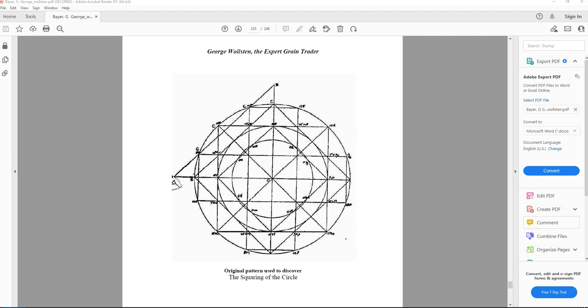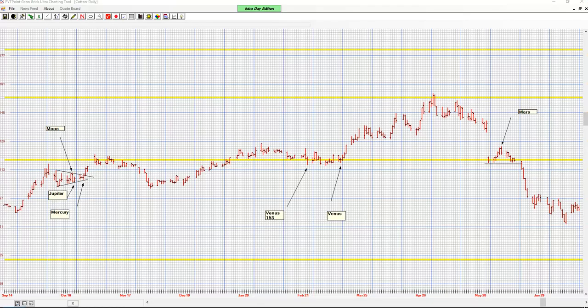Now I'm going to go to Gann Grids Ultra and take a look at a cotton chart. So what we found in the squaring of the circle is you get a set of numbers that are very harmonic. I've run these numbers on various markets and they work exceptionally well.